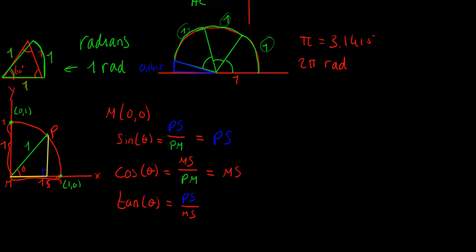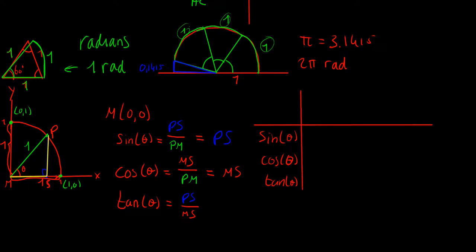And there's a table which is very important to memorize. So here we have our sine function of theta, we have a cosine of theta, and we have a tangent of theta. And we're also looking at a quarter of a circle, because if we know it for a quarter of a circle, we can actually extrapolate it to a whole circle very easily.